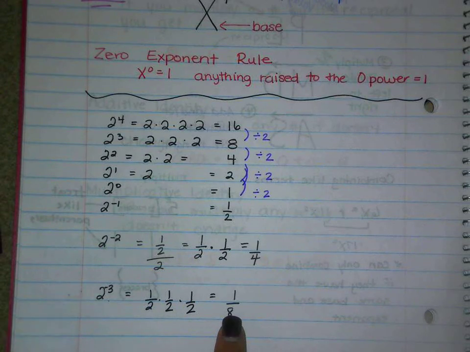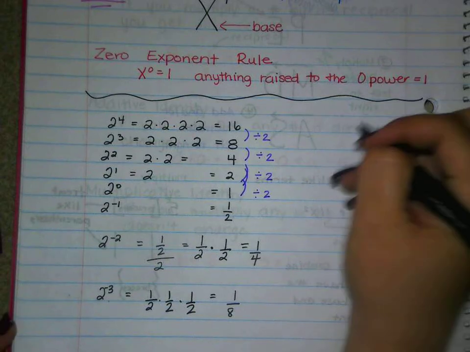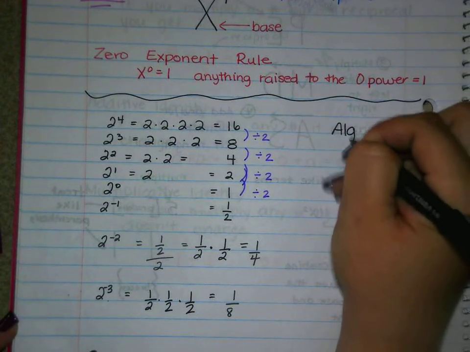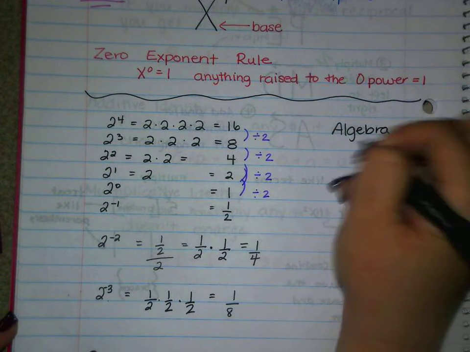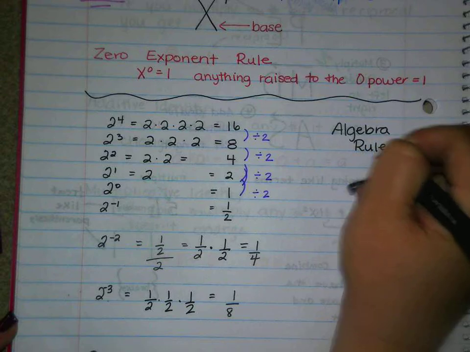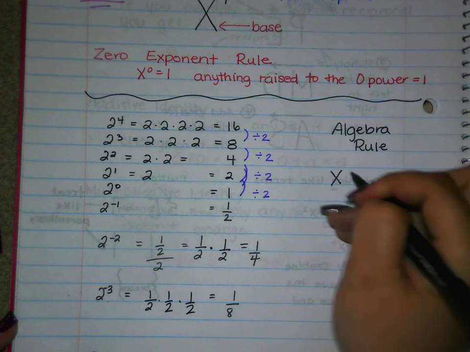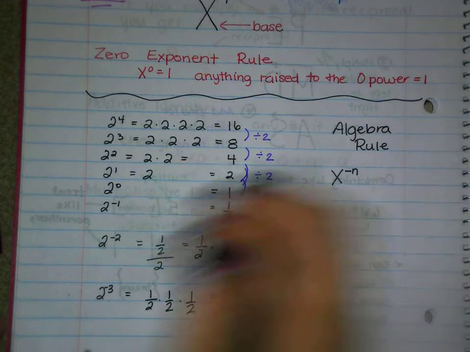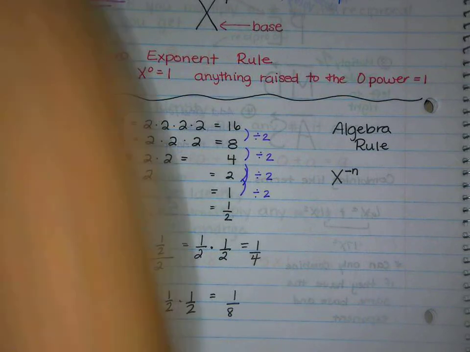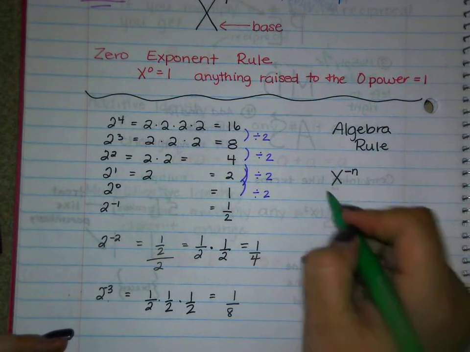Because it's never going to be simple. We always have to get rid of that negative exponent. So the algebraic rule about negative exponents is anytime we have x to the negative n power, remember we talked about there's the imaginary 1 here, okay?